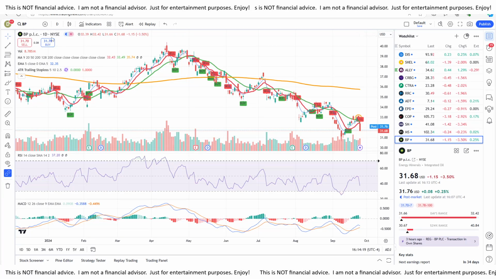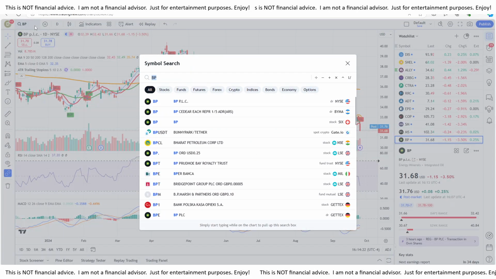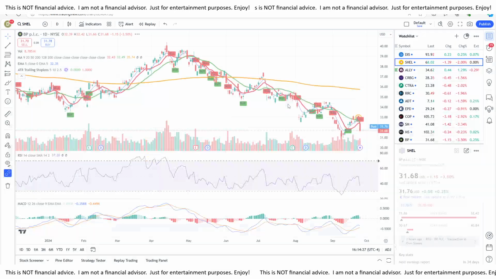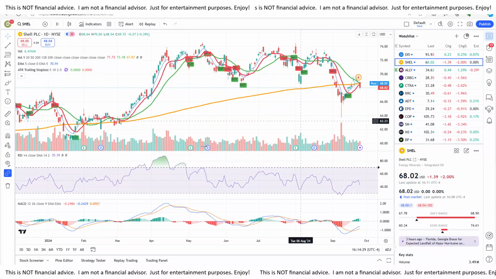Shell, let's see if it did as bad. Same exact shape, right? They were running together. Come on, man.